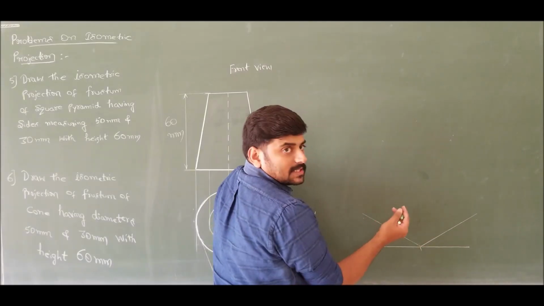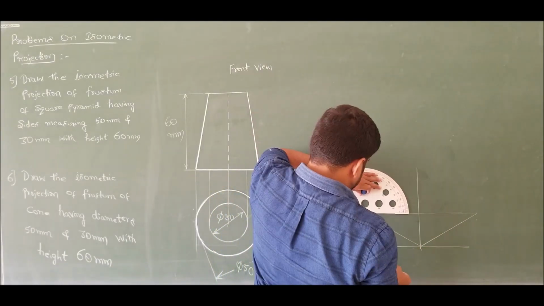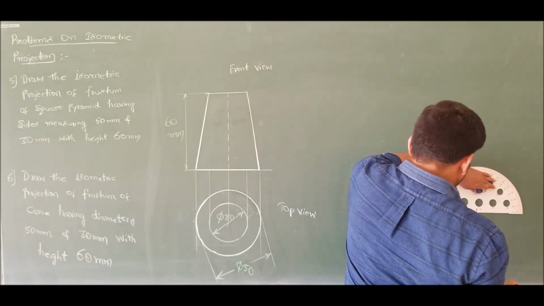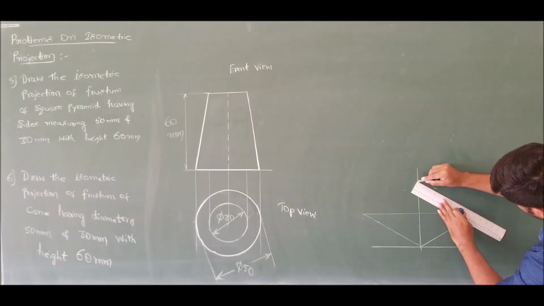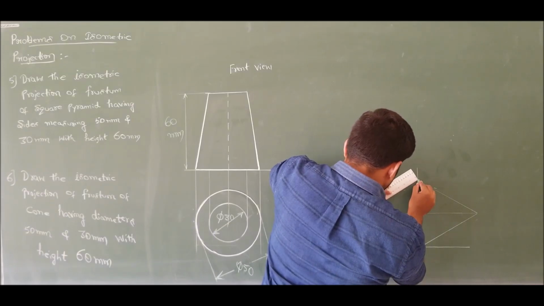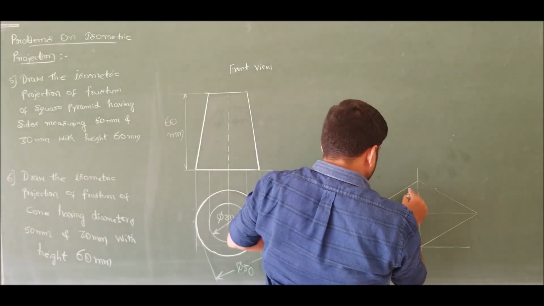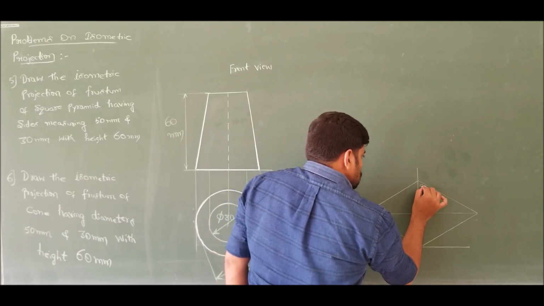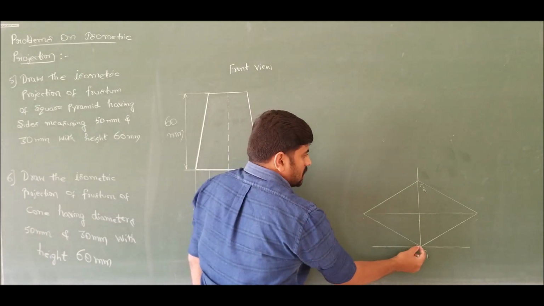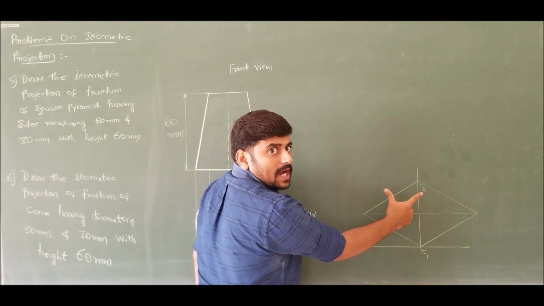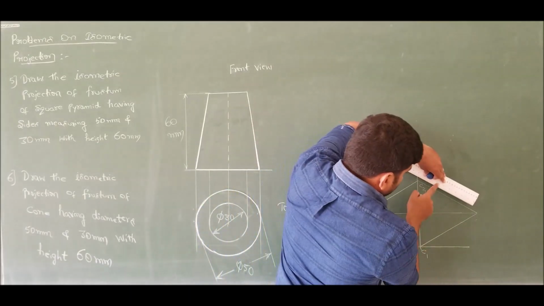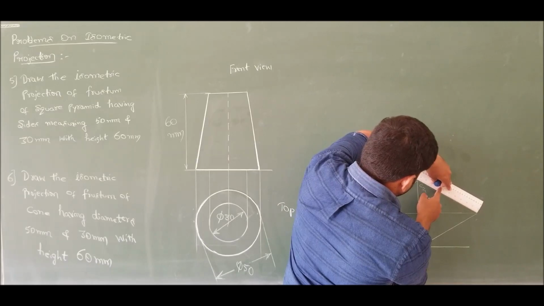Now draw the parallel lines. Mark the centers C2 and C1. Now draw the perpendicular bisectors from centers C2 and C1 to mark the centers C3 and C4. So choosing 2.5 boxes on all sides.